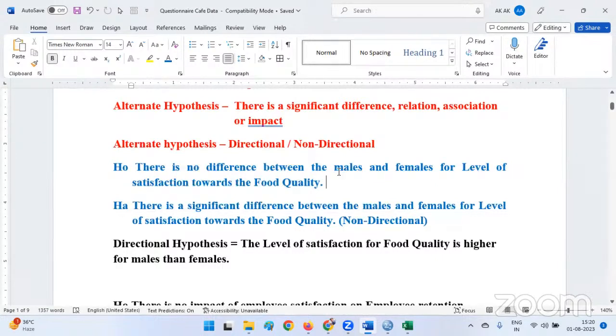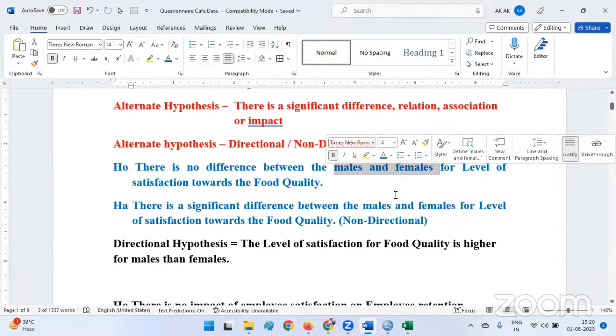What are independent samples? Two samples which are not dependent on each other, different from each other, like males and females. They have their own perception, satisfaction, everything. So when we compare them, we require the independent sample t-test.